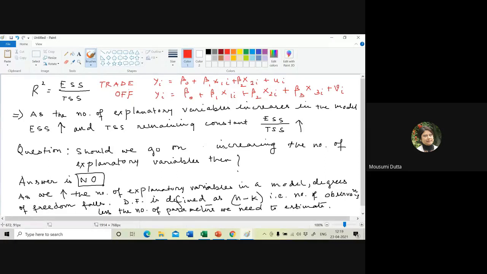However, it fails to capture the loss of degrees of freedom.